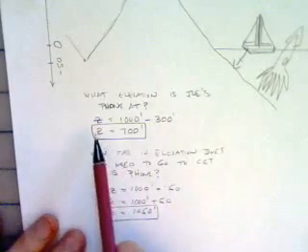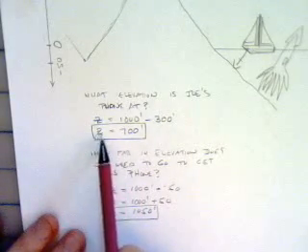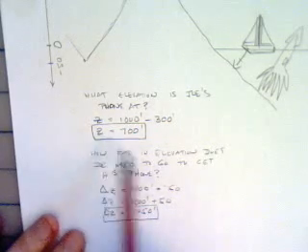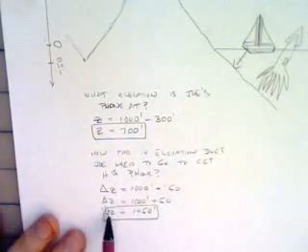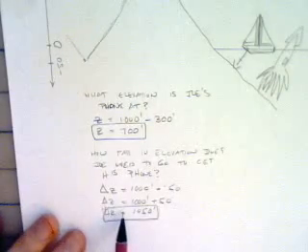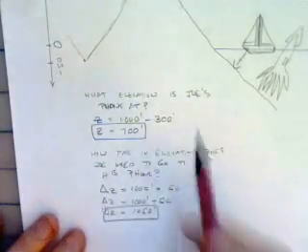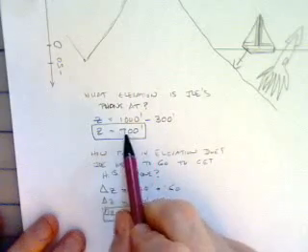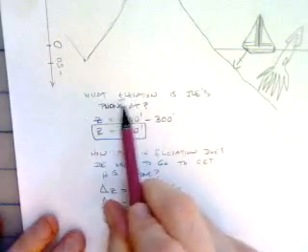Now you may be asking, why is it that I'm using just plain old Z for this one and delta Z for this one? Really what it comes down to is this value is a point, and in the first one we're asking what elevation.